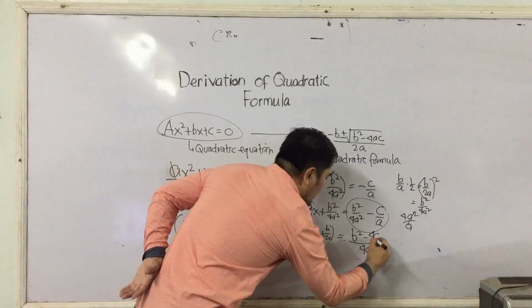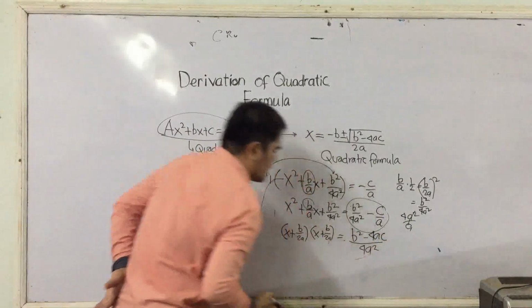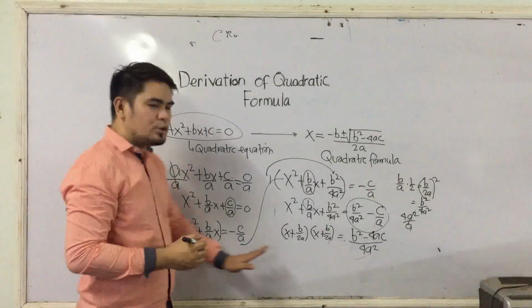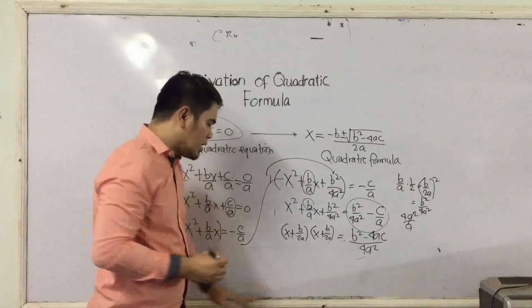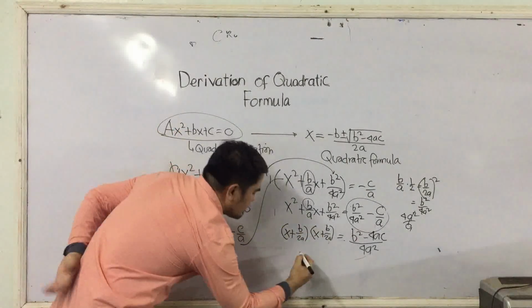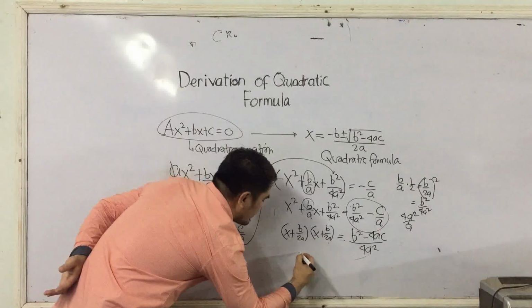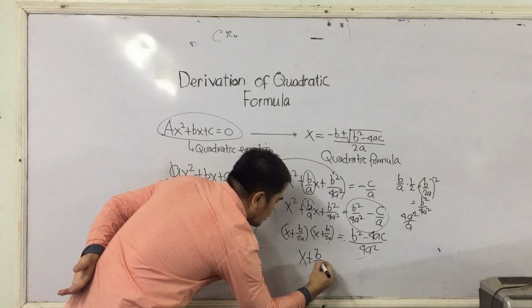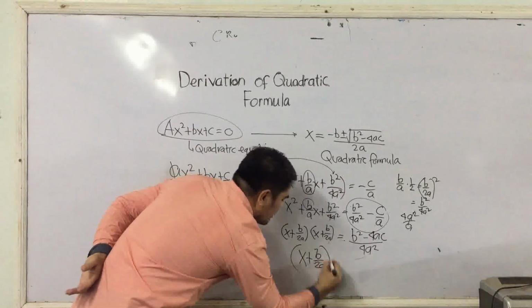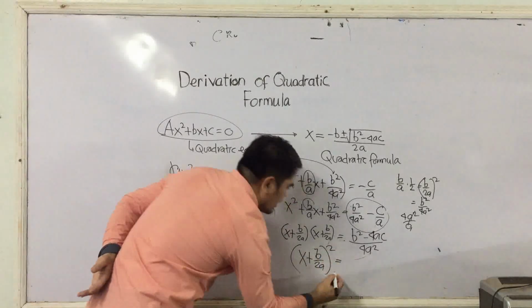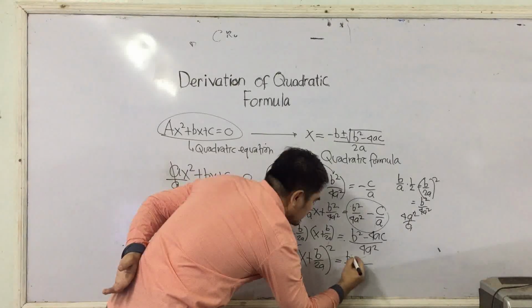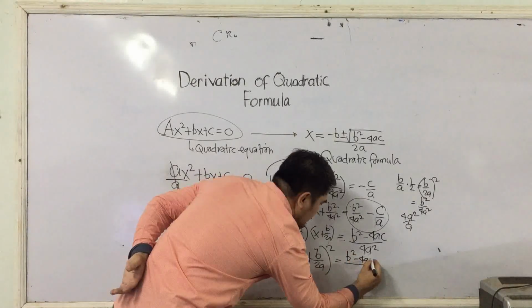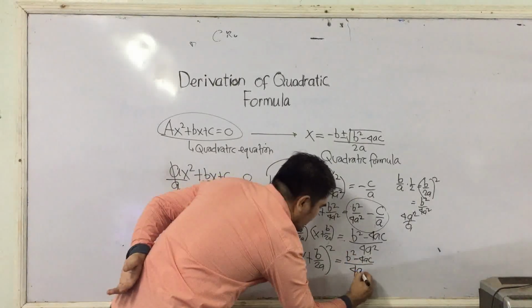So we have here 4a times c, 4ac. As you observe, we have two groups, and we are going to write it as x plus b over 2a raised to the power of 2 equals b squared minus 4ac over 4a squared.